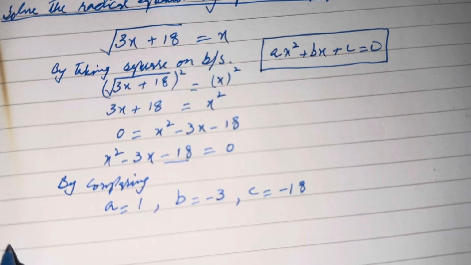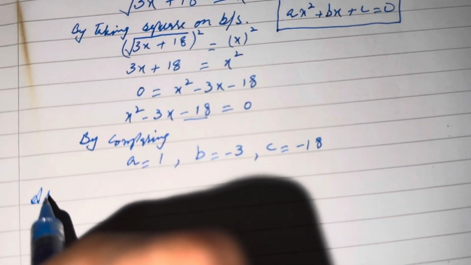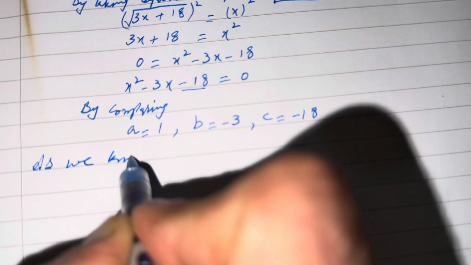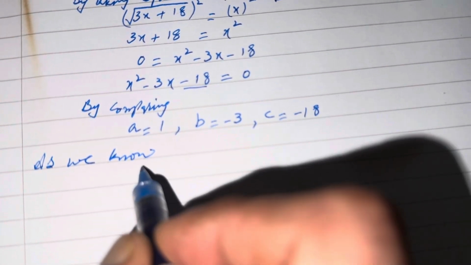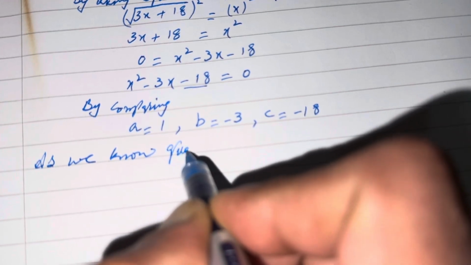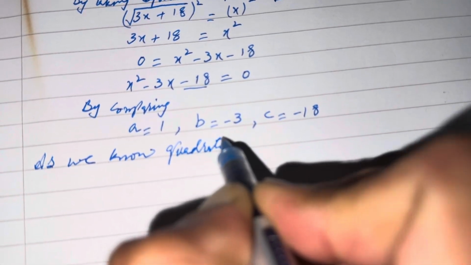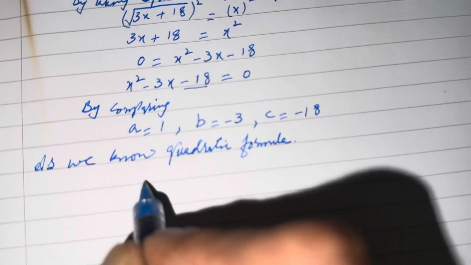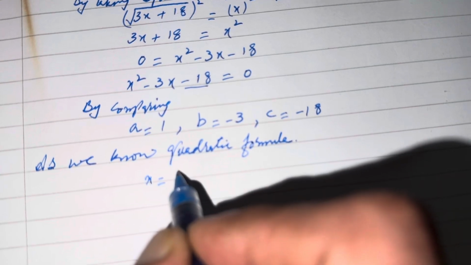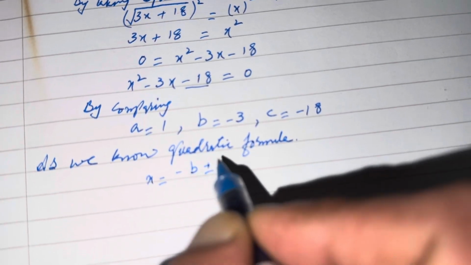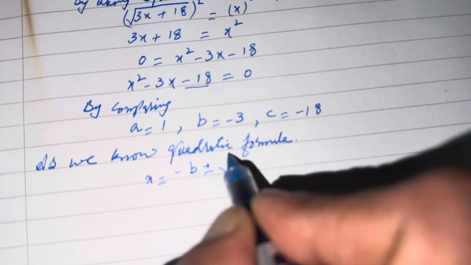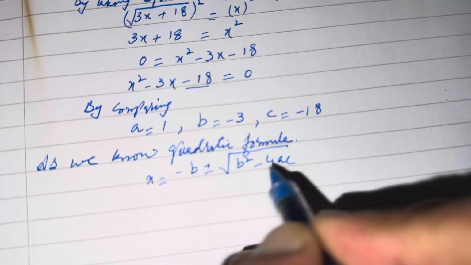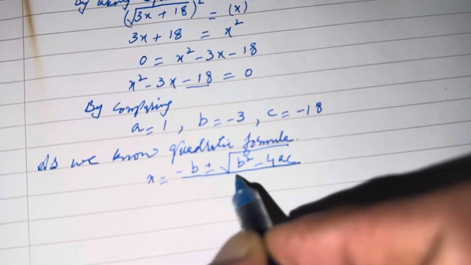So as we know, the quadratic formula can be written as x is equals to minus b plus minus under root b square minus 4ac divided by 2a.